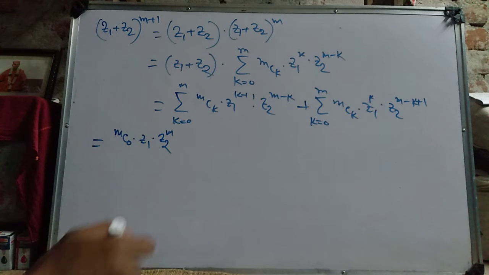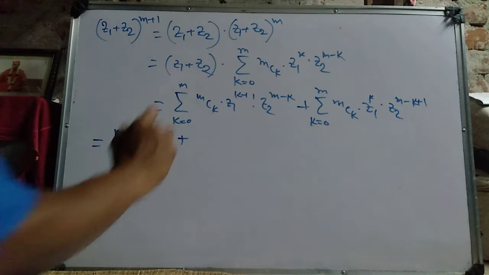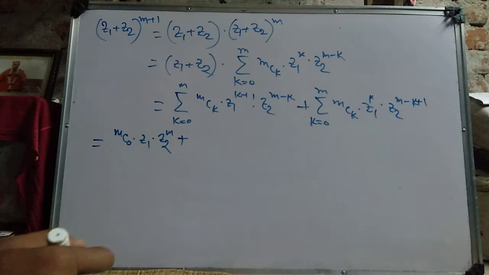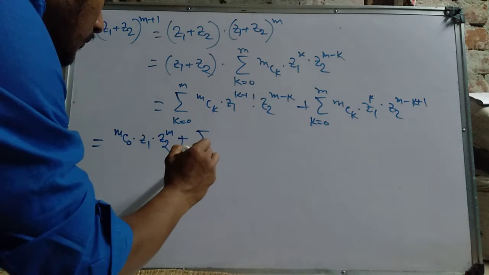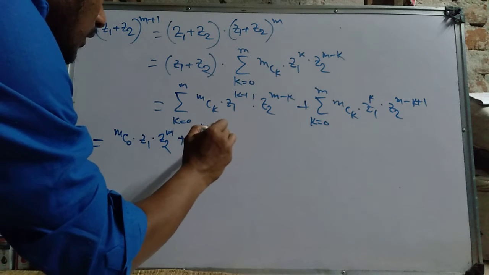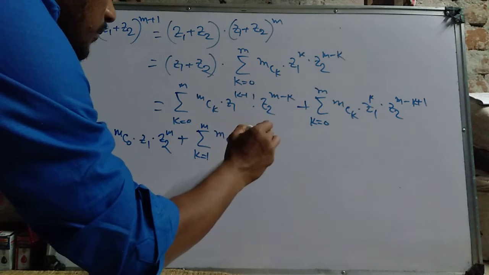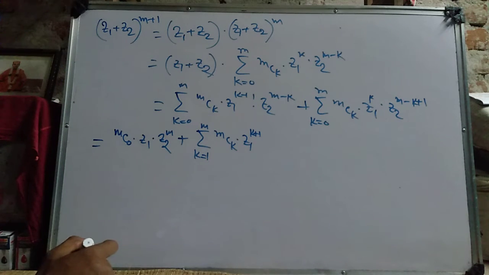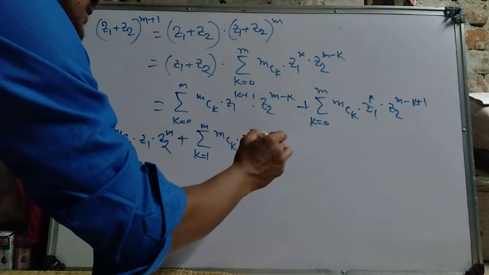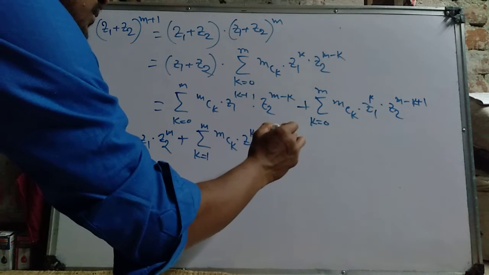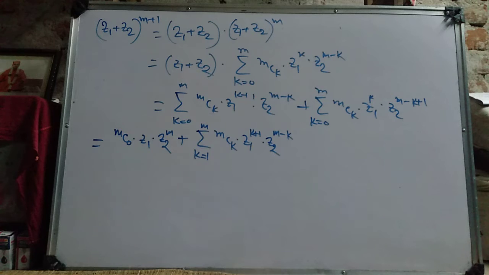And again we obtain the summation k equal to 1 to m of mCk z1^(k+1) z2^(m-k).